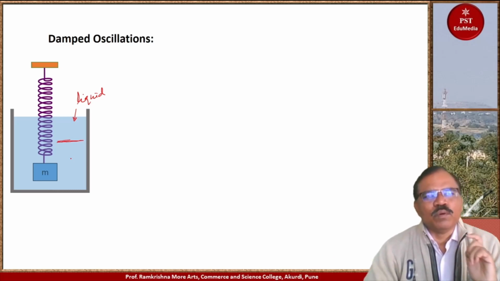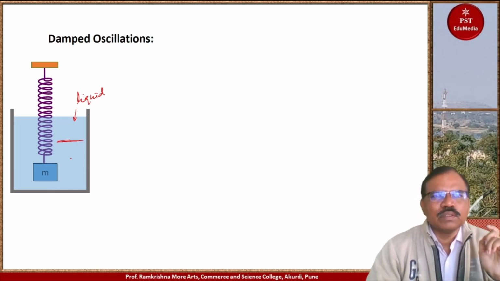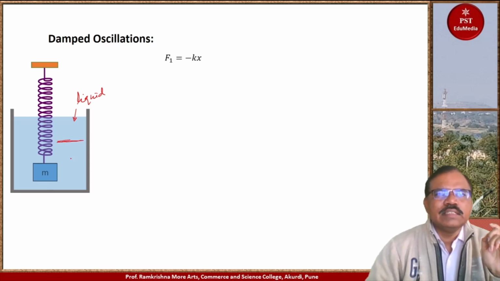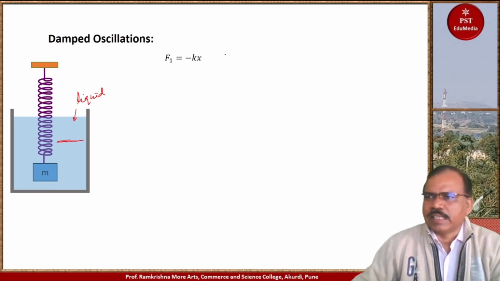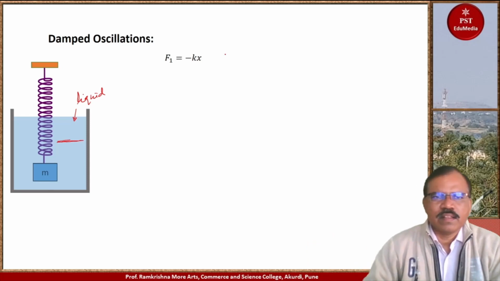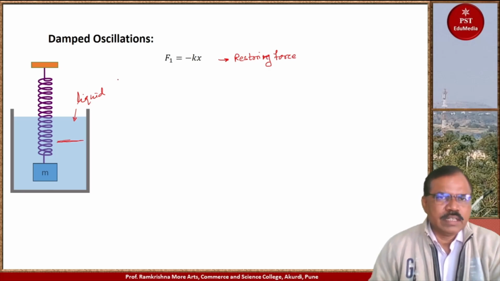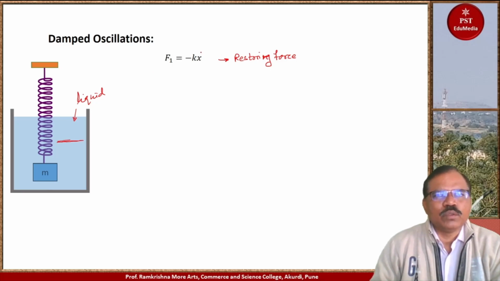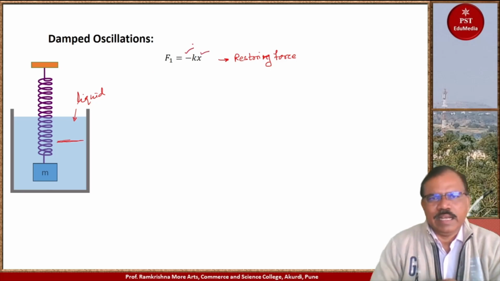So there are two forces now. The first force, that is F1, is equal to minus Kx. This force is called restoring force. This force is responsible for oscillations. It is directly proportional to displacement and opposite in direction.